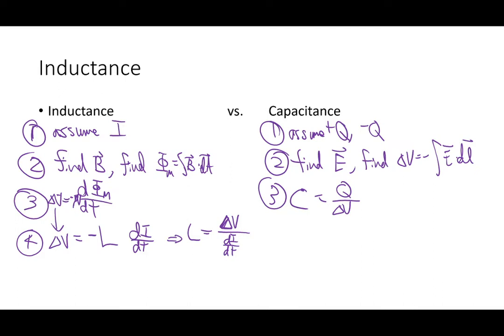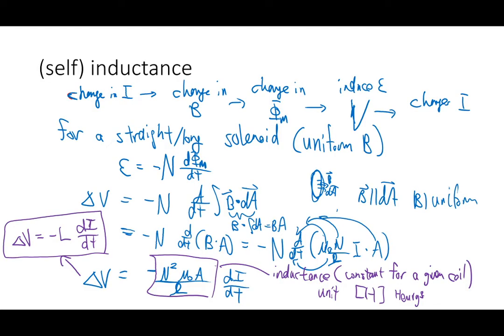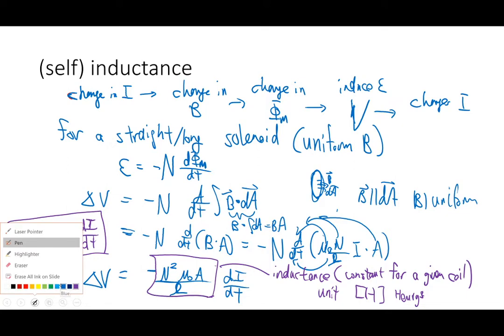And then I already showed you earlier the specific look of the solenoid. Right, this expression is the inductance of a long straight solenoid. You can treat it as infinitely long, right? Just like our parallel plate capacitor case.